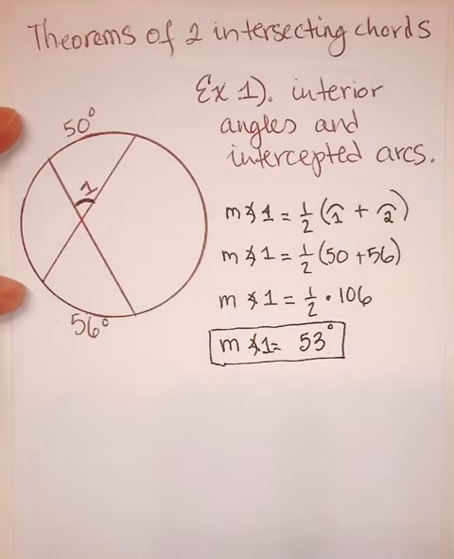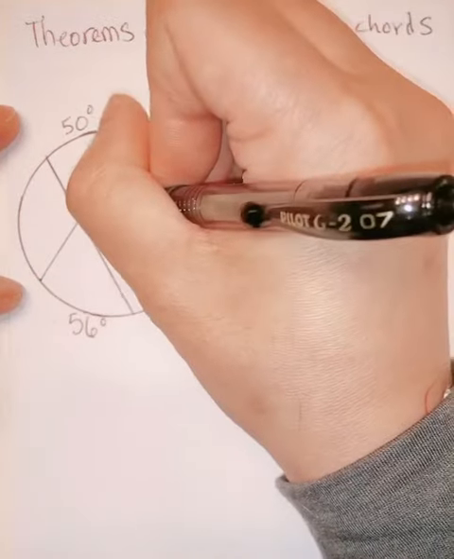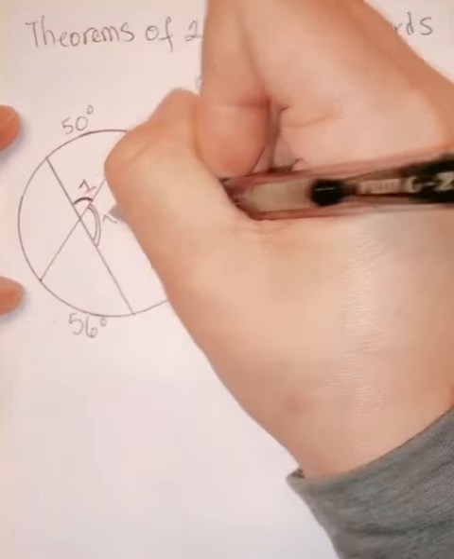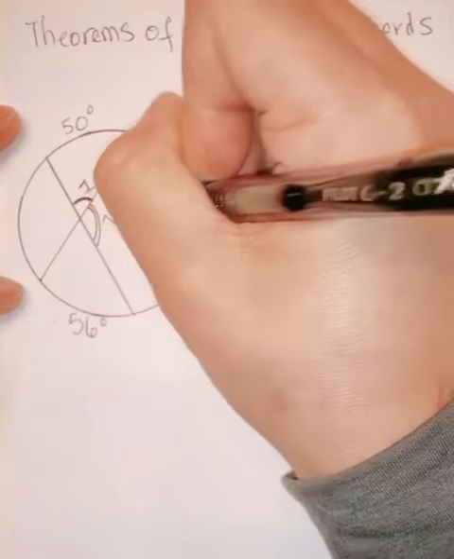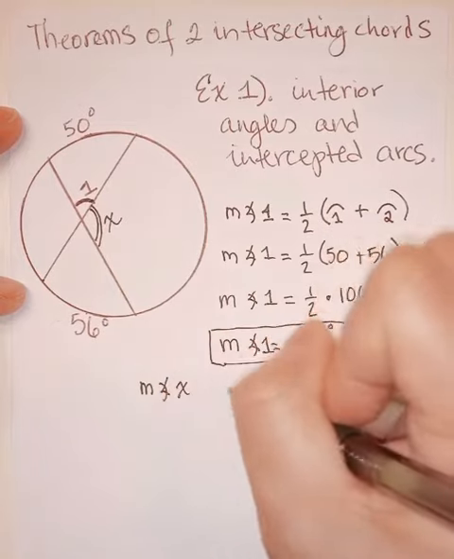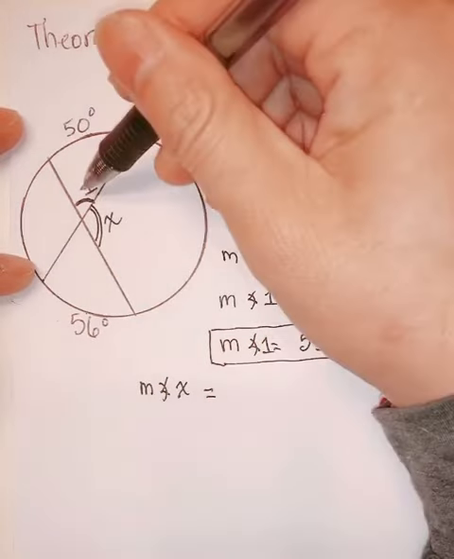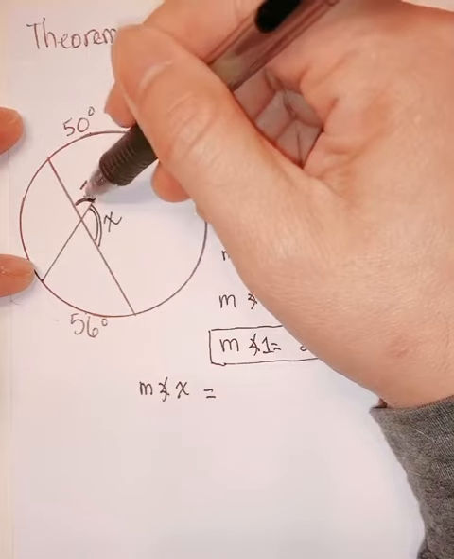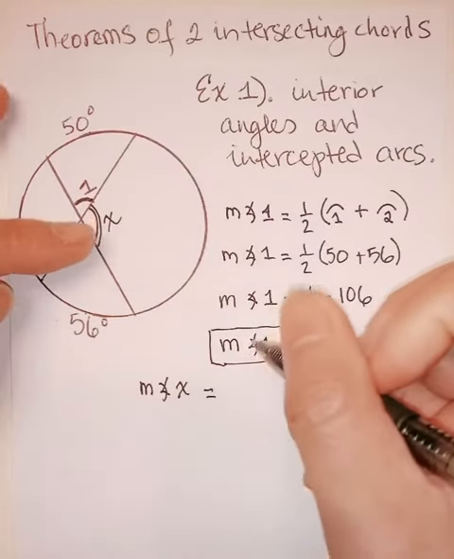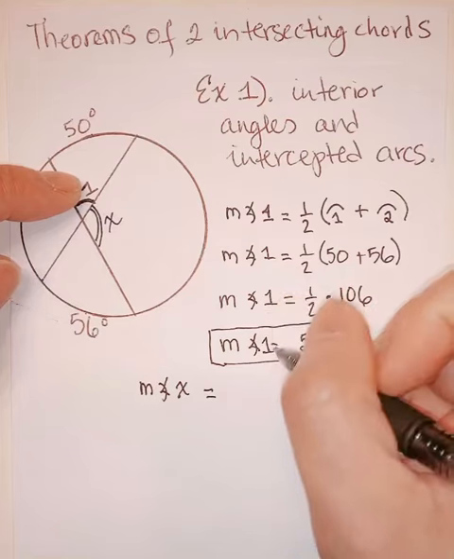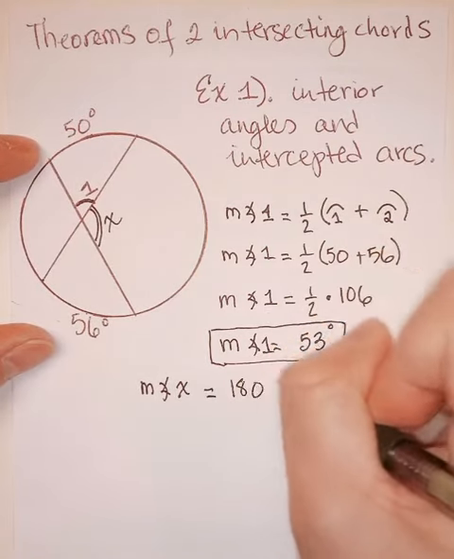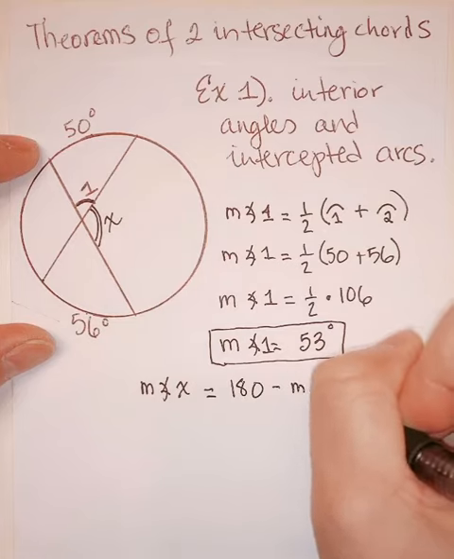Now, if the problem asks you for angle 2, sometimes they give you this angle right here, let's say x, and they ask you to find x. Notice that angle 1 and angle x are a linear pair, so they add to 180. So the measure of angle x is 180 minus the measure of angle 1.